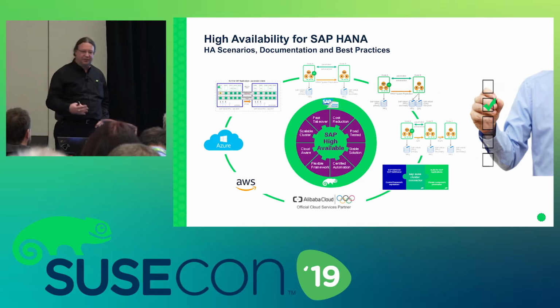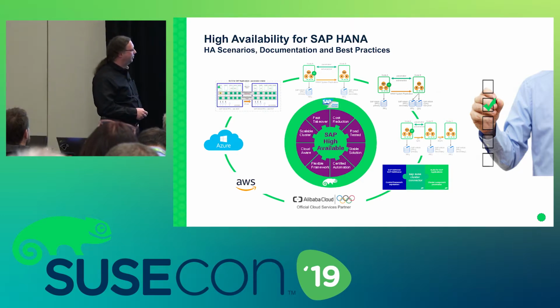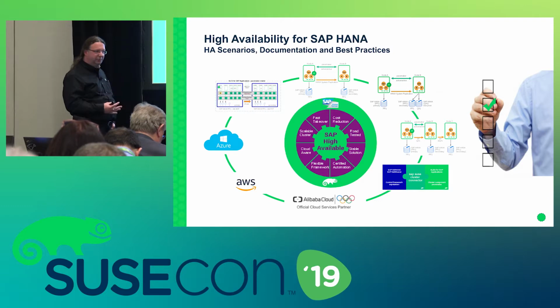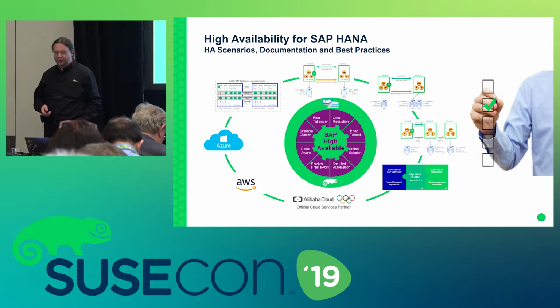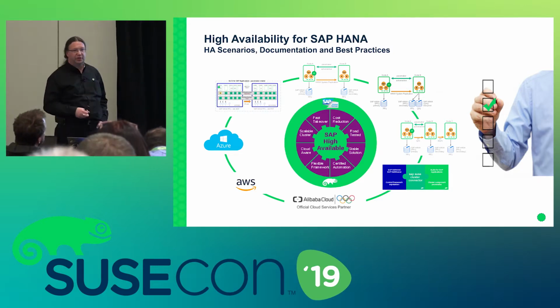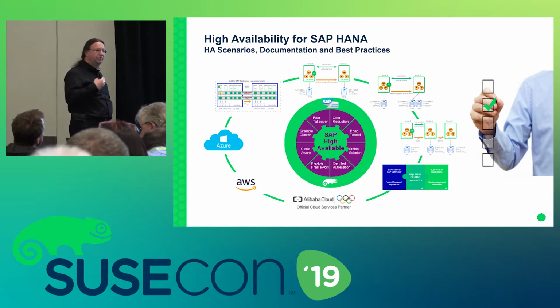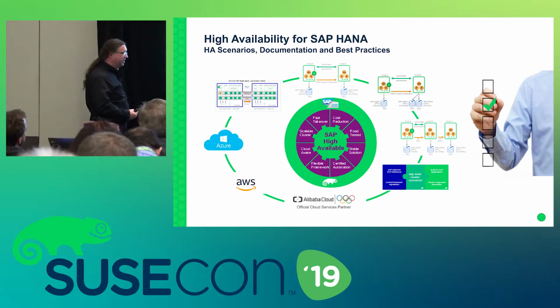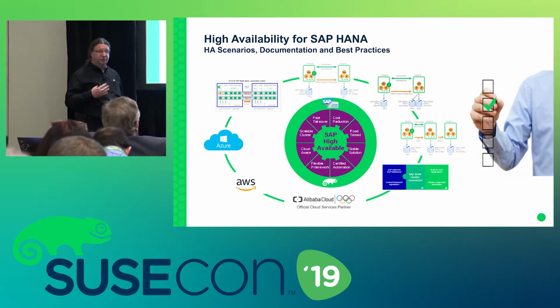So there are different descriptions of how to set up high availability that we blog about and provide in the documentation. Just to name one, the Azure documentation has a whole section on how to set it up, how to replace the block device, and basically do the setup.